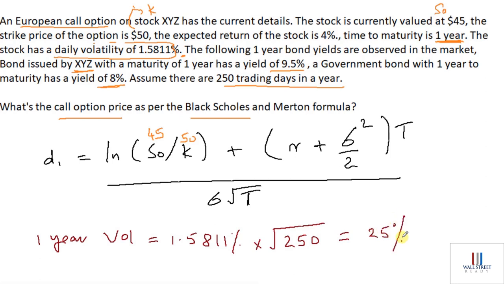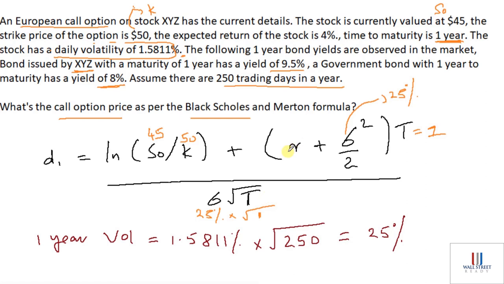So that's my volatility here. This is 25%. So 25% squared. T equals 1. T is 1. So my volatility is 25% times square root of 1. T is 1 because it's 1 year.